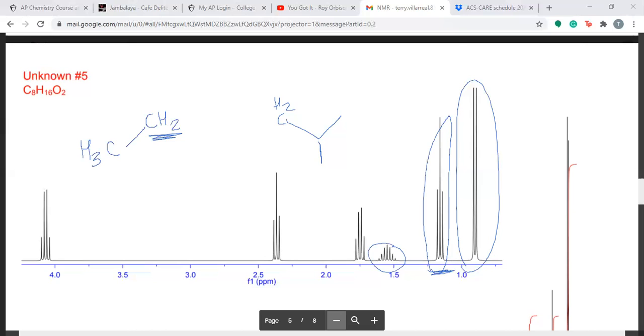If there's any type of hydrogens on the other side here, it's going to be more than a quartet. Do I have any signal that has more than a quartet? No, right? I don't have any other signal with the quartet because there can't be anything on that side. So if I have an ester, then that's probably going to be connected to my ester.